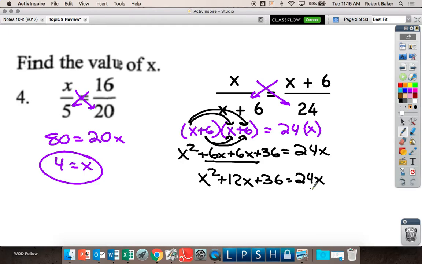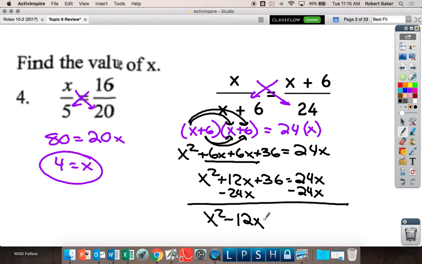Okay, now what? Subtract 24x and set it equal to 0. x squared minus 12x plus 36 equals 0.